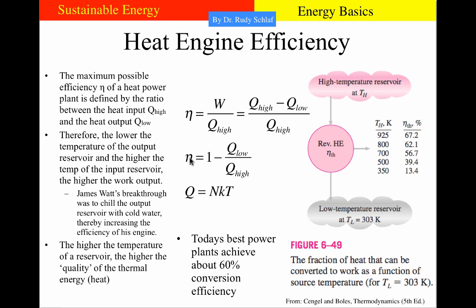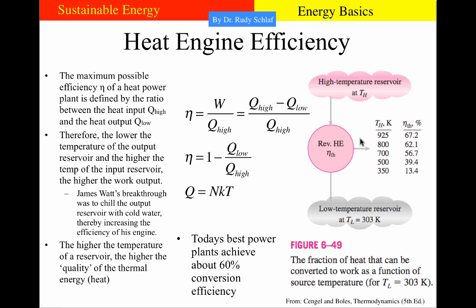And so you see that the efficiency gets closer to 1 when Q low is small and Q high is high. We put in a lot of energy up here and we only put out very little energy into the low temperature reservoir, and that means we would get a high amount of work out of this process. The efficiency would be high.